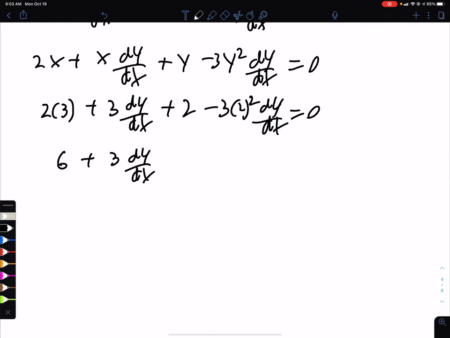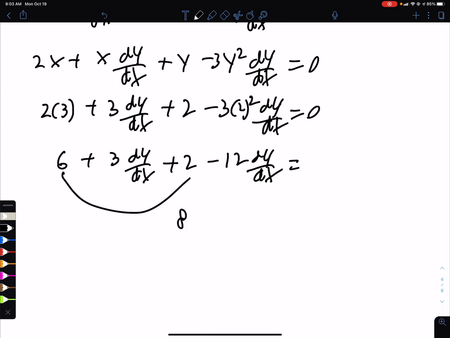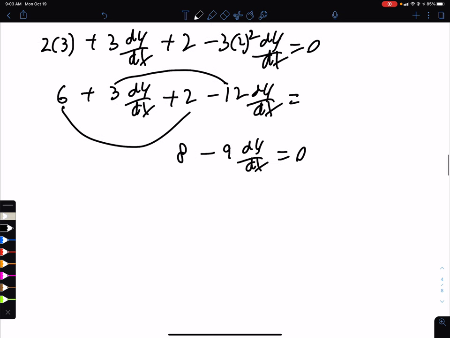I'm just going to multiply things out. 12 dy dx. Well, the 6 and 2 will get you 8. And 3 minus 12 gets you minus 9. I subtract 8 from both sides.